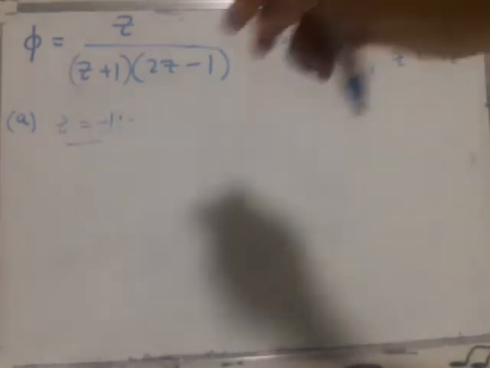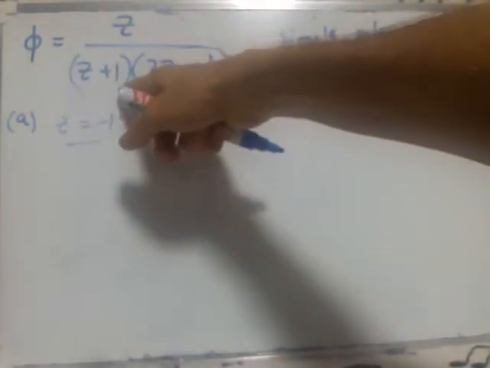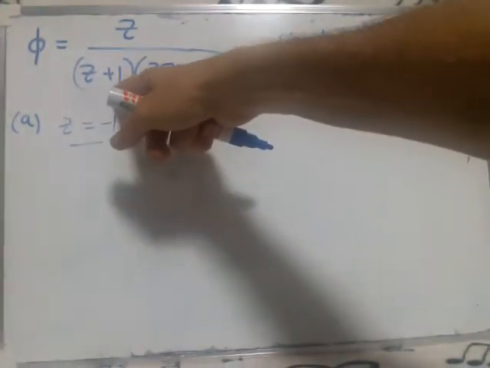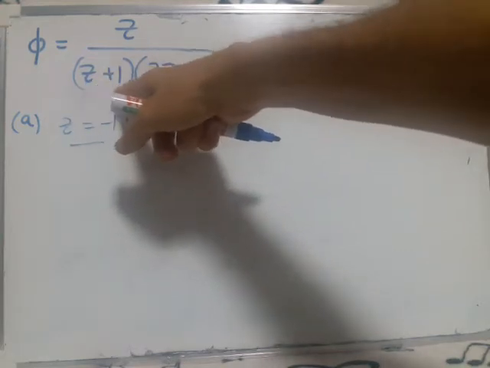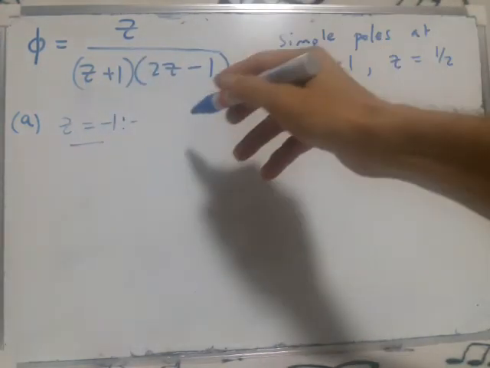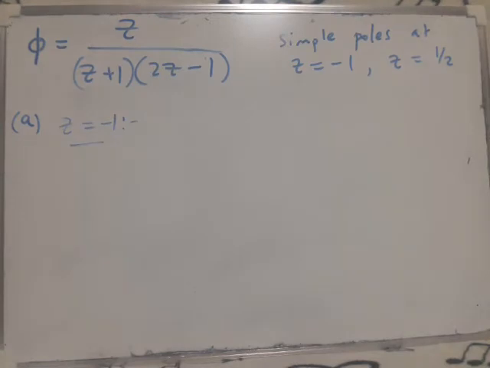So we just multiply phi by z minus z0, which in this case is z plus 1, and evaluate at z equals minus 1.